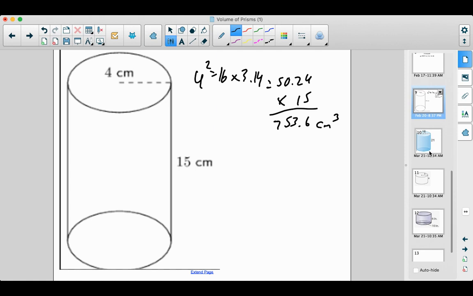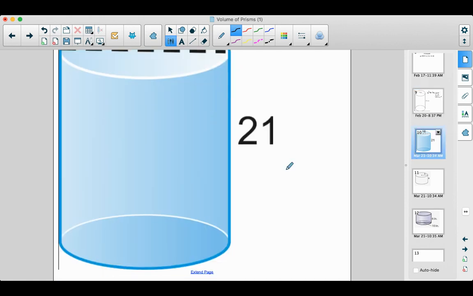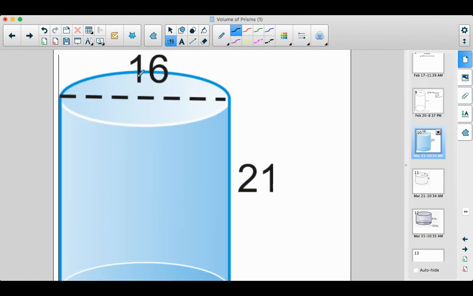All right, let's try another one of those. So here I'm given the diameter, but that's fine. Just like I did before, if I want the area, I'm going to cut the diameter in half. Radius is 8. So 8 squared times 3.14 gives me the area of the base. So 64 times 3.14, that's 200.96.